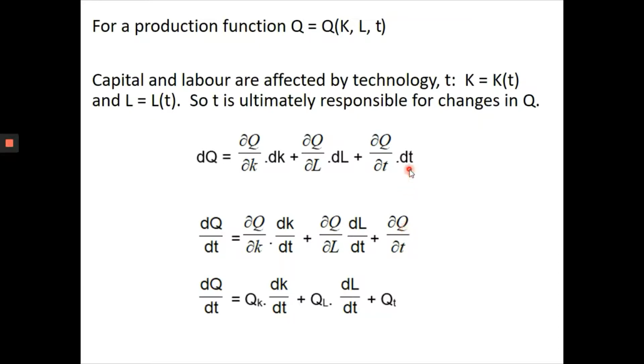And recall, when you divide here by dt, that will cancel to 1. So we would have a 1 here. And this last line here sets this total derivative out, just using slightly different notation to indicate the partial derivatives.